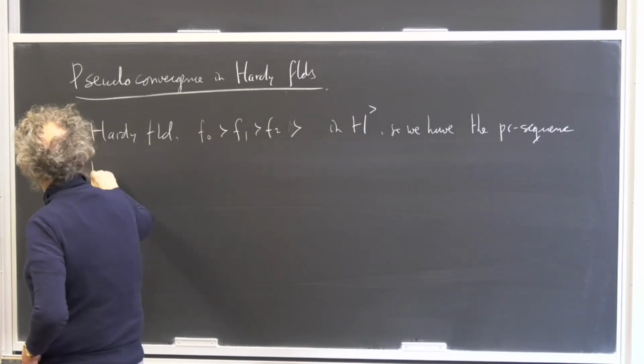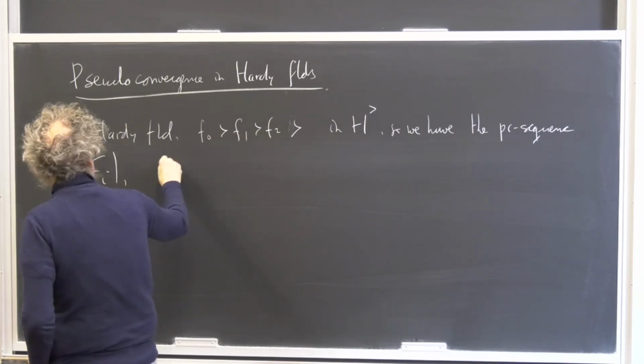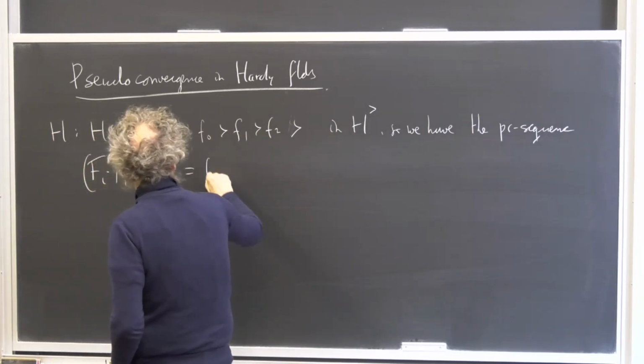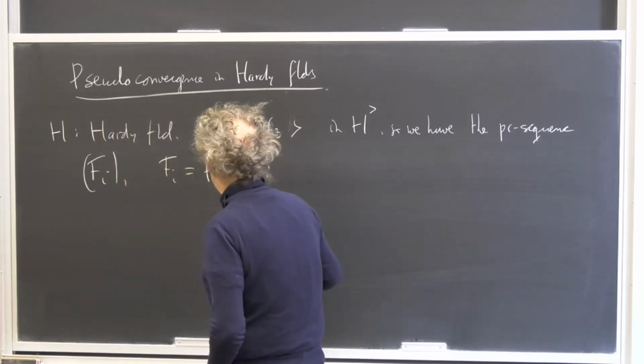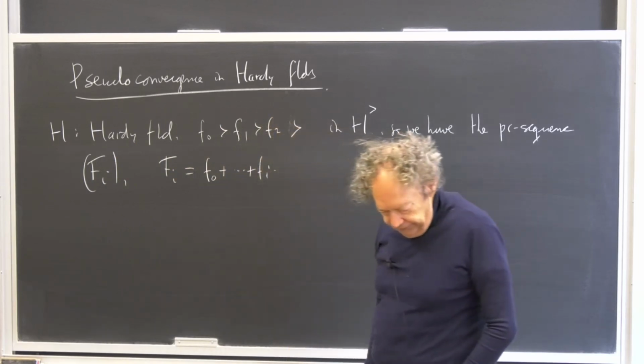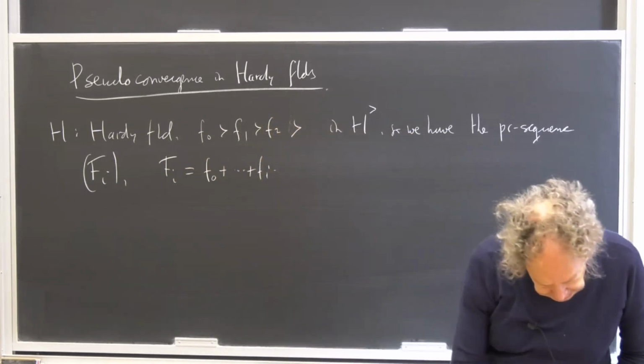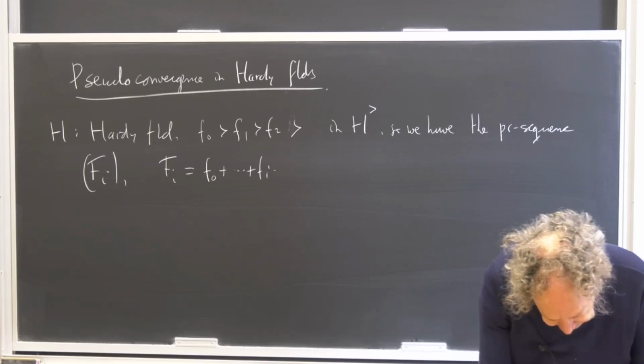F sub i is the partial sum, and we want to show that this has a pseudo limit.